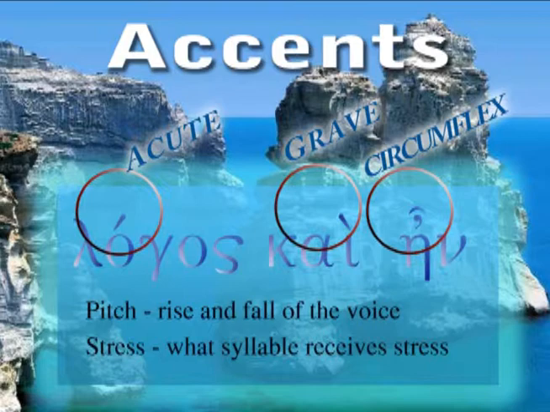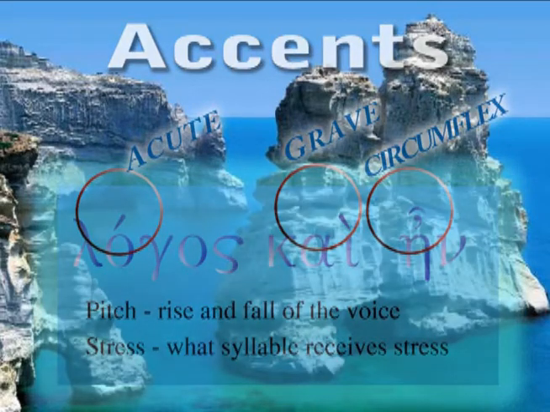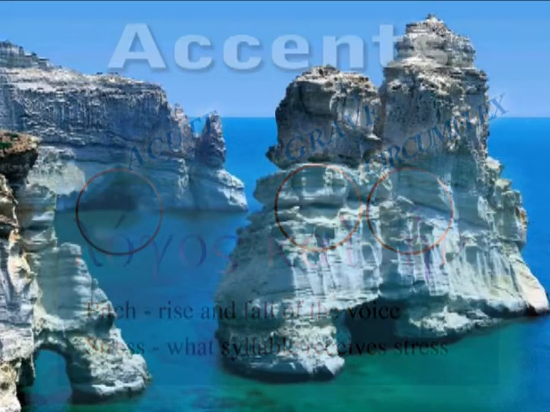The circumflex, as indicated by its symbol, is kind of a semicircle, and it shows that you heighten the pitch of your voice and then you cause your voice to fall. So it's kind of a rocker motion. Again, we don't spend a lot of time with Greek accents at this level. So if you do want to know more about accents, you might want to look at a Greek morphology book to learn more.